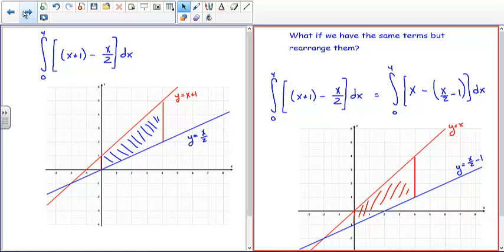So instead of y equals x plus 1, I have y equals x. Instead of y equals x over 2, I have y equals x over 2 minus 1. Both translate the function 1 unit, and since everything gets moved down, the relative position of the two curves is the same, and therefore the area should be the same.